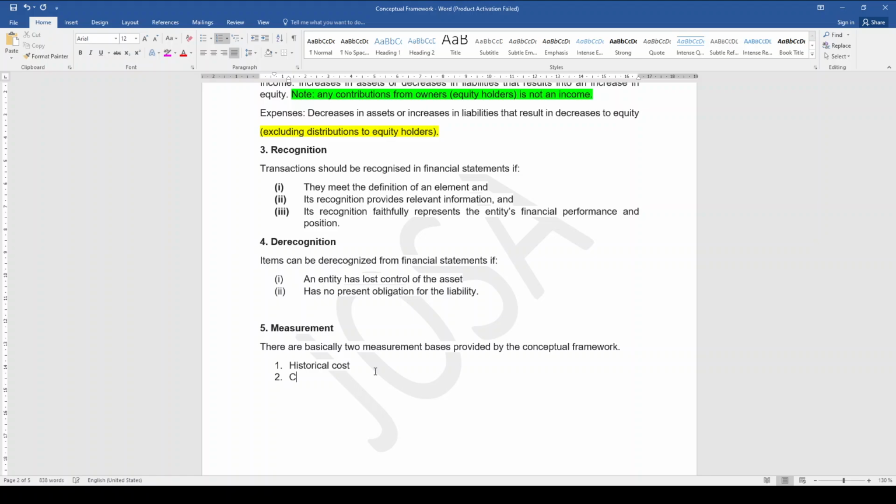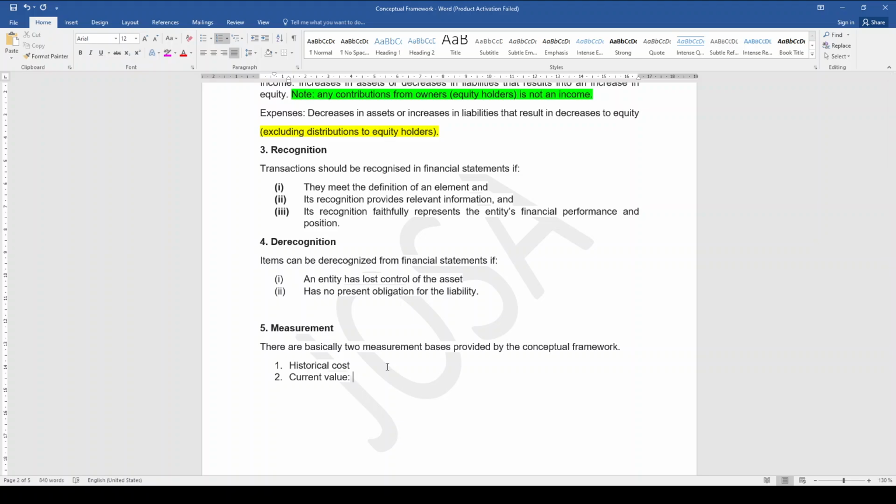And then we have the current value basis. And this current value basis is split into, of course, we know the IFRS 13, the fair value measurement standard.